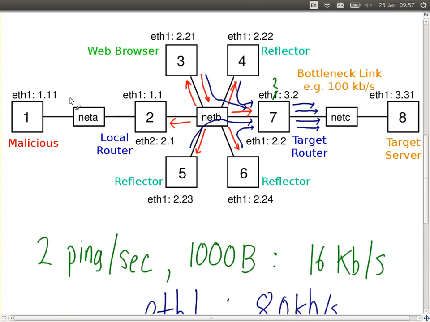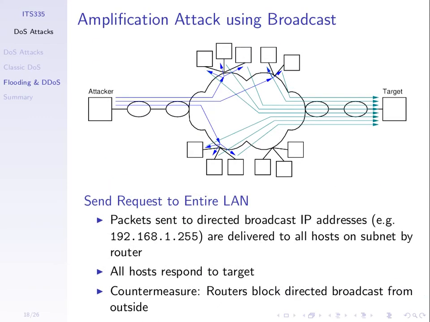Now, unfortunately for the attacker, using this feature of broadcast normally doesn't work in practice. Why? Because it's so easy to do a denial of service attack, send one message, everyone in the network replies. Most computer systems, most operating systems and network devices block such a feature. They don't respond to a ping to the broadcast address.